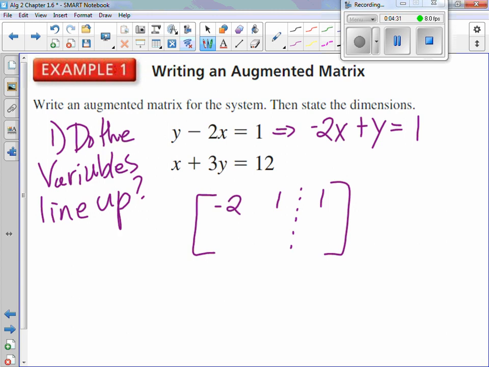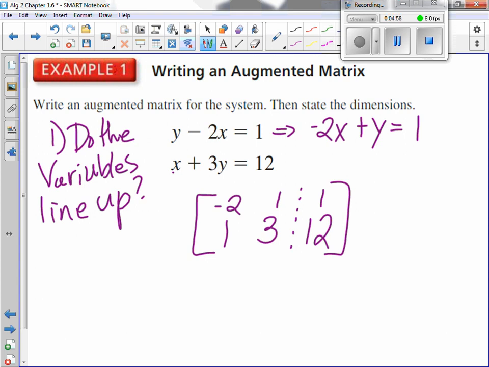You won't always have to put that; you can leave it out if you don't want to use it, but that's fine. That's all I have to do here. So let's look at the other equation. We have 1, 3, 12. We've written an augmented matrix. That's it. That's all we have to do here.